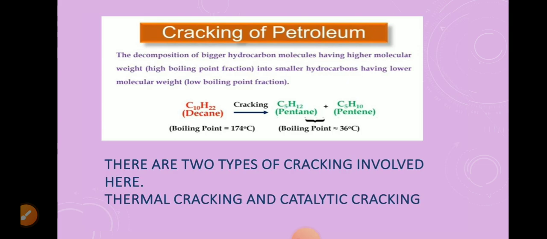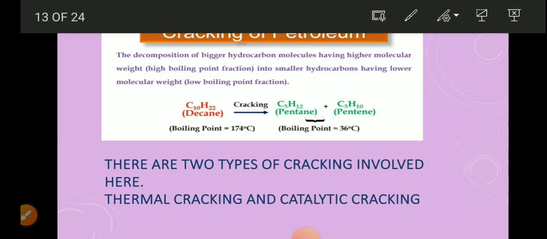The boiling point of decane is 174 degrees Celsius, and the boiling point of these two components obtained after cracking of decane is 36 degrees Celsius. There are two types of cracking involved here. First is thermal cracking and the other is catalytic cracking. Thermal cracking is economic because it involves the use of high fuel, and catalytic cracking is not so economic because it requires the use of a catalyst.